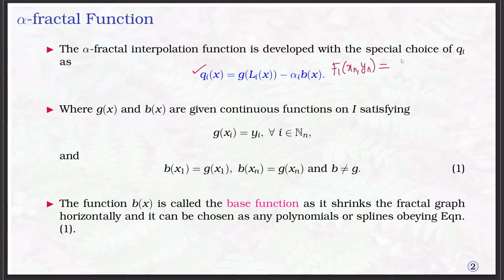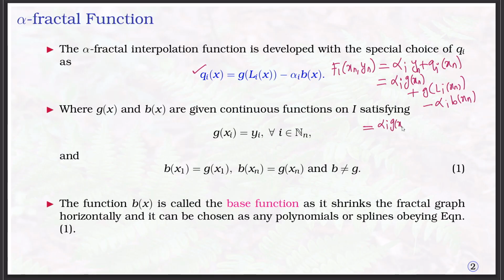So, we need to check alpha i of yn plus qi of xn, which can be written as alpha i of yn can be written as g of xn plus this qi in the form of g of Li of xn minus alpha i times b of xn. So, again this is equivalently written as alpha i of g of xn plus this term.